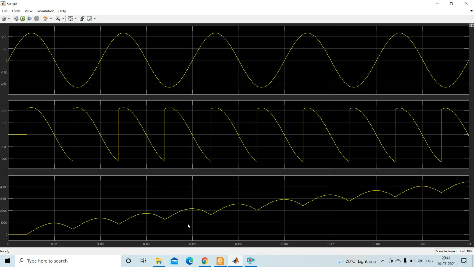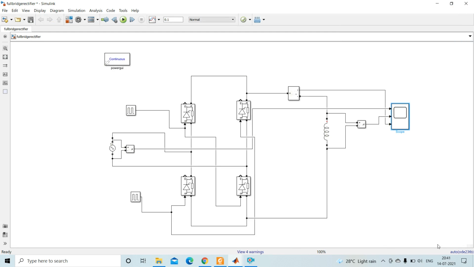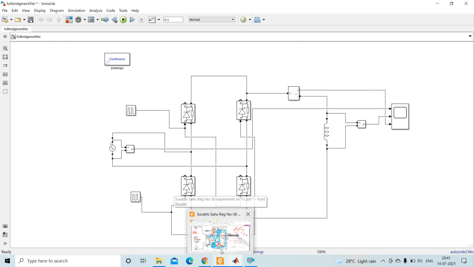The output current is like this. This is the output voltage waveform, and this is the output current waveform. So now you clearly understood the single phase full wave controlled bridge rectifier. So this is all about your single phase full wave controlled bridge rectifier.